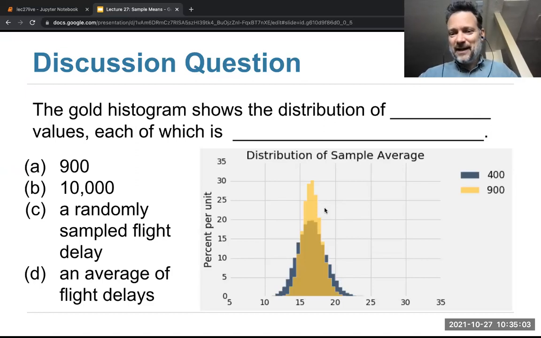You're right. So the correct answer is no. Changing from 10,000 to 20,000 repetitions would not change the look of this very much. Why? Because the central limit theorem says that the spread in this distribution depends on the sample size. It doesn't depend on the number of repetitions.